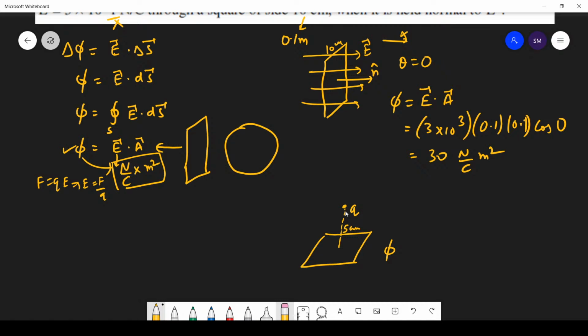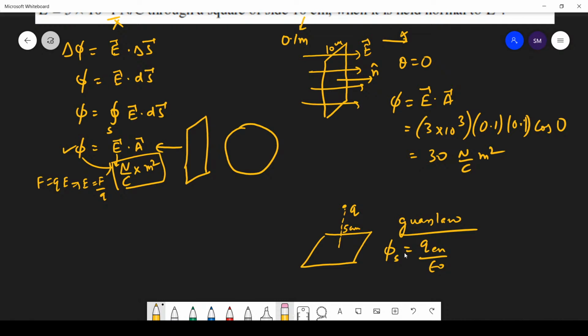Whenever charge is given to you, you have to use Gauss Law. Gauss Law says the flux through the surface is charge enclosed by epsilon naught. So whenever you are dealing with charge, it is always charge enclosed.